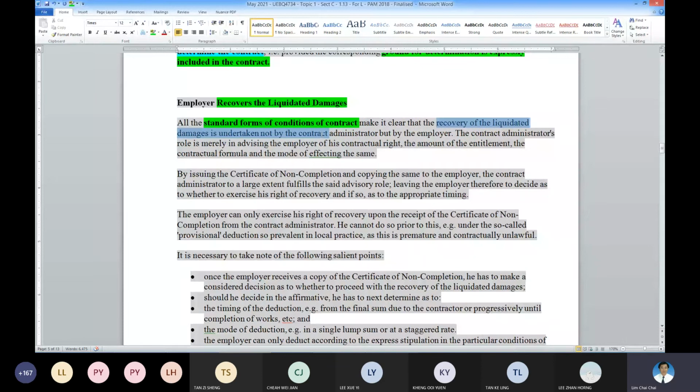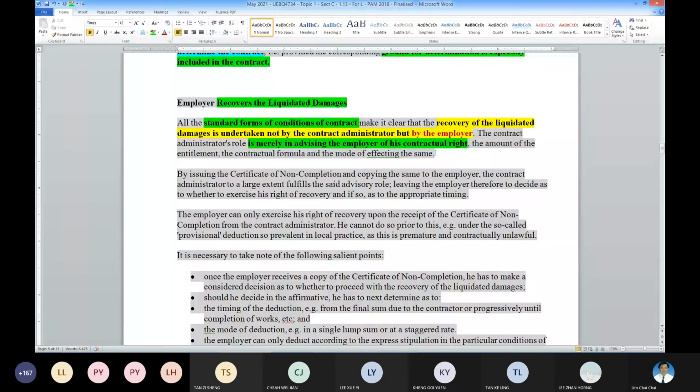The contract administrator is a facilitator to carry out all the paperwork correctly. It is only the employer, no other people can take the money back from the contractor. The contract administrator's role is merely advising the employer of the contractual rights. Repeat. Advising the employer of the contractual rights.